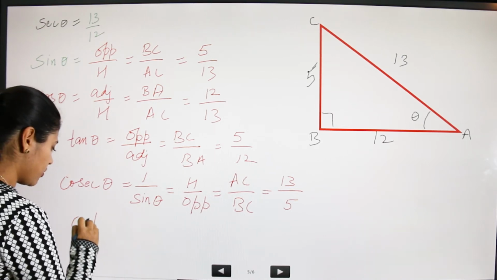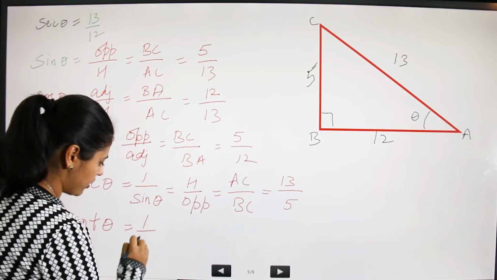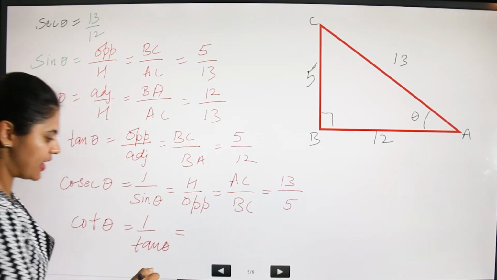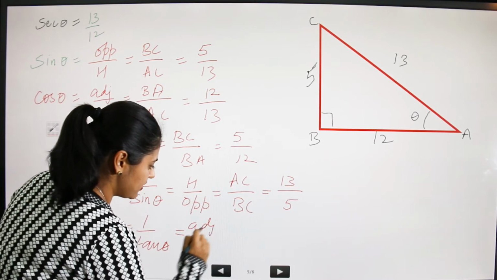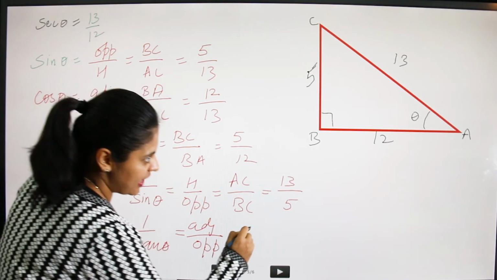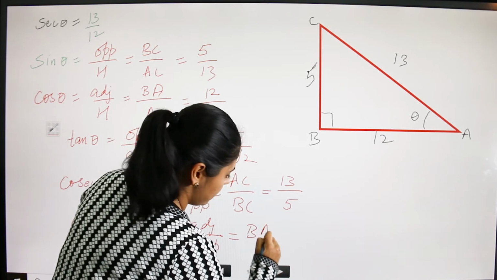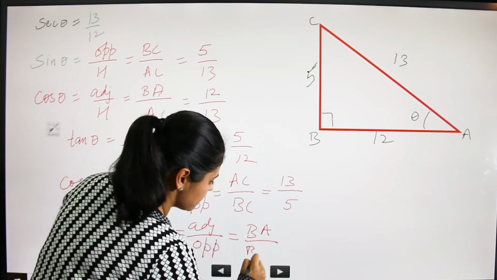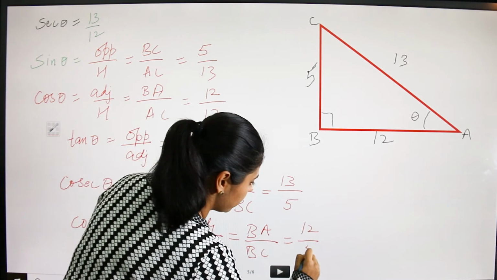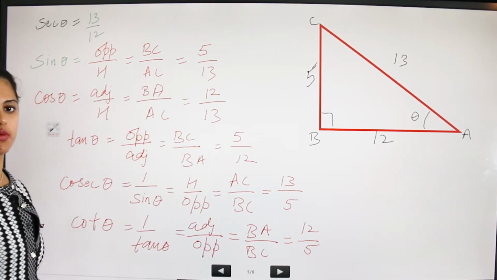Now last, cot theta. Cot theta is 1 over tan theta. So whatever value you got for tan theta, you need to flip that. You're going to write adjacent over opposite. The adjacent is BA and the opposite side is BC, which is equal to 12 divided by 5. So these are all the other trigonometric ratios.